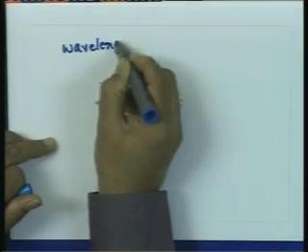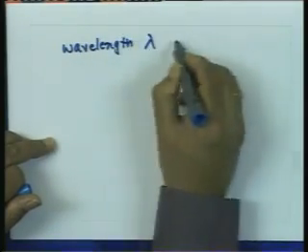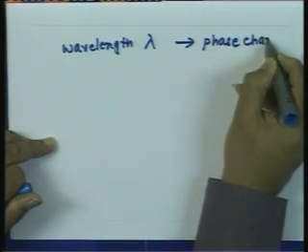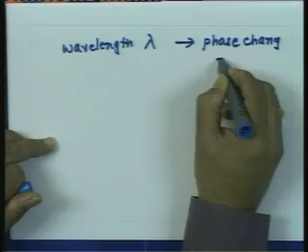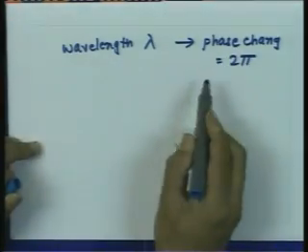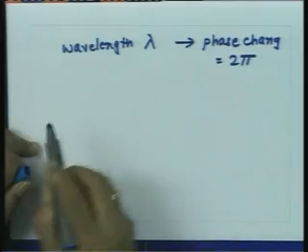So, by definition then we can say that for a distance of wavelength lambda, the phase change is 2 pi. So, the phase change per unit length is 2 pi divided by lambda.